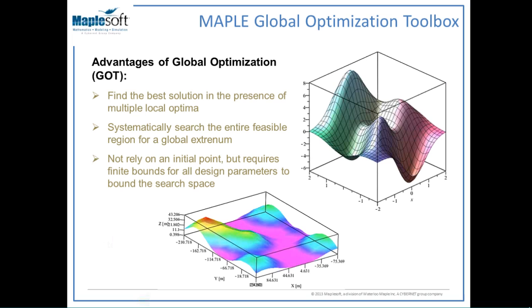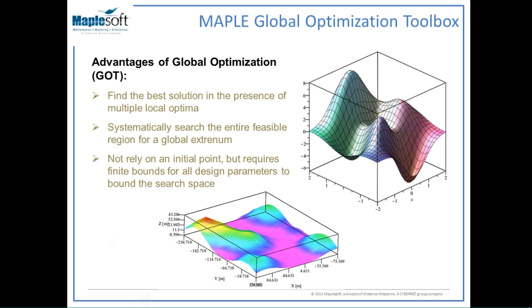In Maple, there are two separate optimization toolboxes. The local optimization toolbox uses local search algorithms to find the optimal solution. These local search methods work best for problems which only have one single optimum. The second toolbox is the global optimization toolbox, which finds the best solution in the presence of multiple local optima.